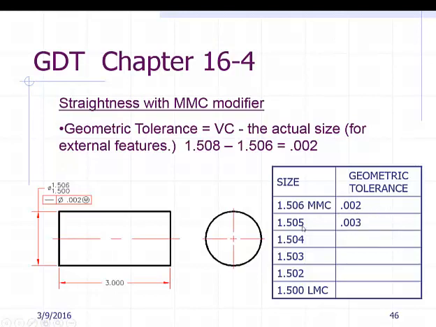But again, as the part gets a little smaller, then I've got larger tolerance, and it will just continue until I get to the least material condition, where the total tolerance is the actual value tolerance plus the feature control frame.